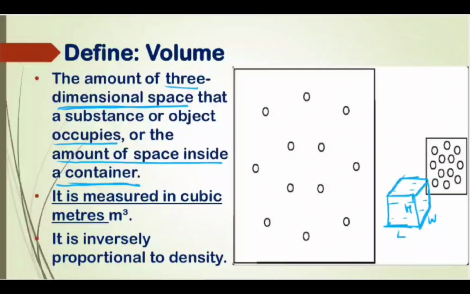Now volume is measured in cubic meters in the International System of Units, and it is inversely proportional to the density. I will come back to this slide as well to explain what inversely proportional means.